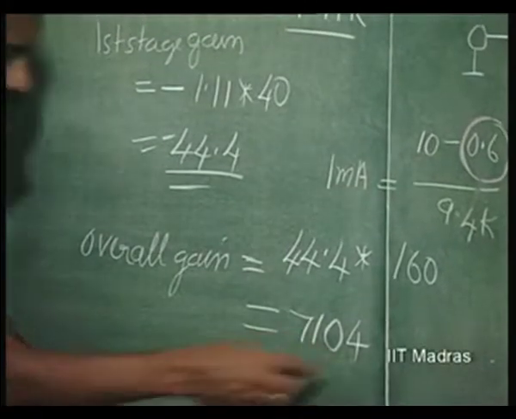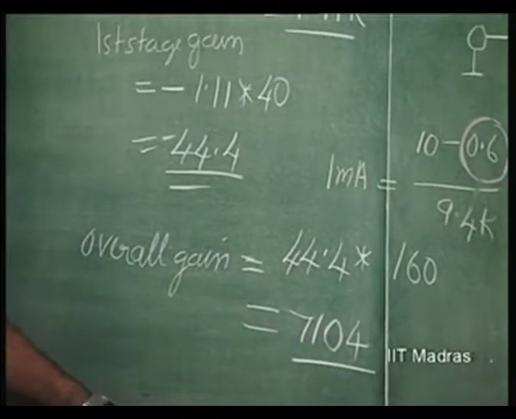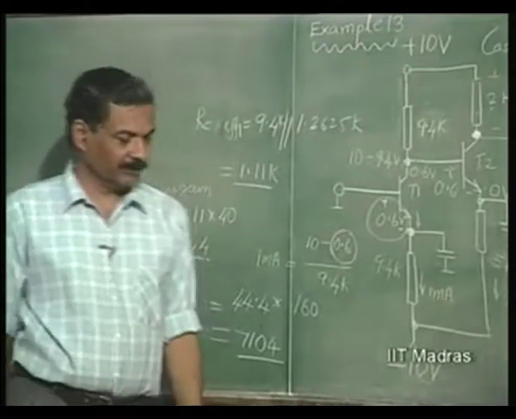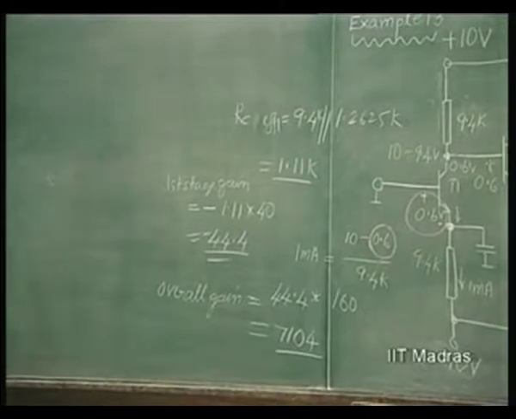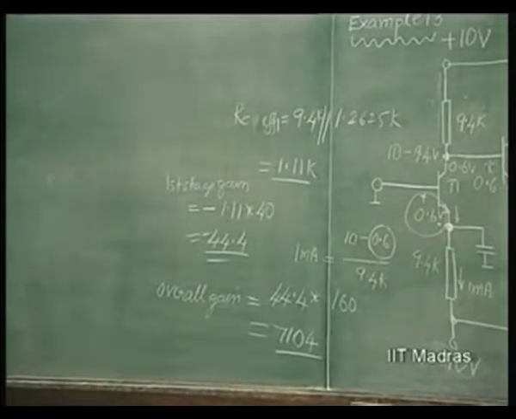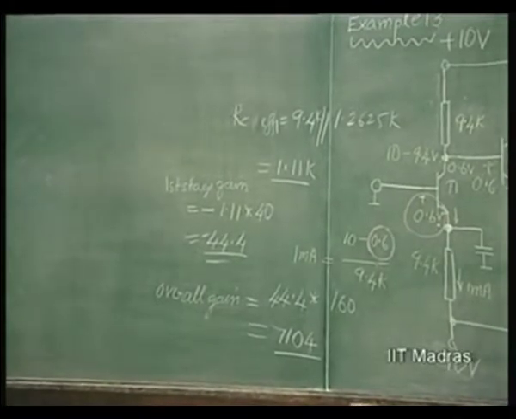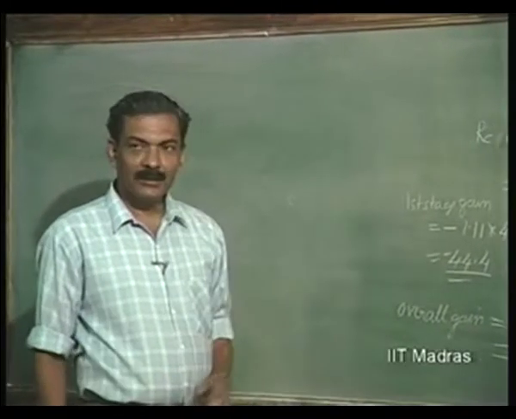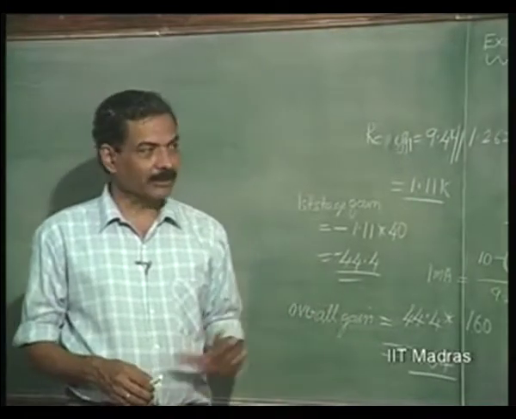So, you can get a fairly high gain amplifier just by cascading 2 stages. This is the basis of the design of high gain amplifiers.